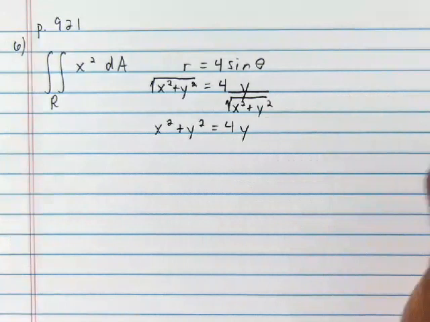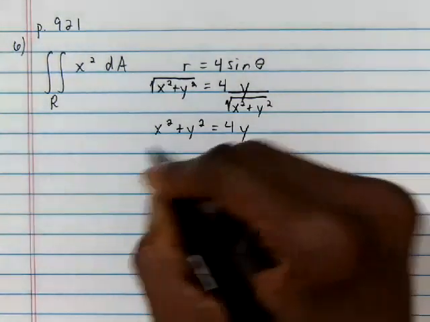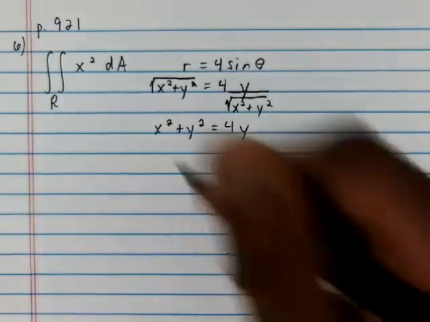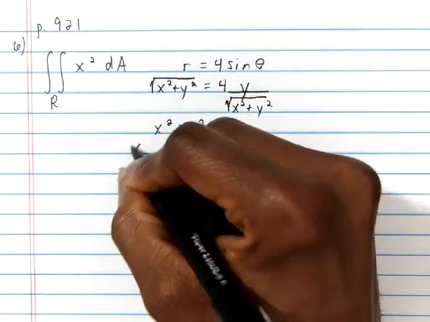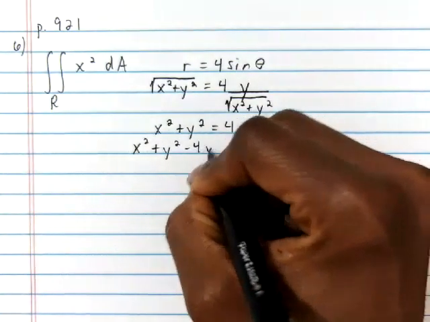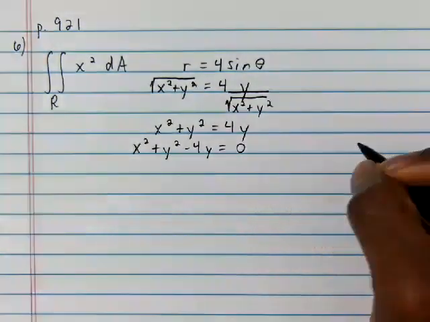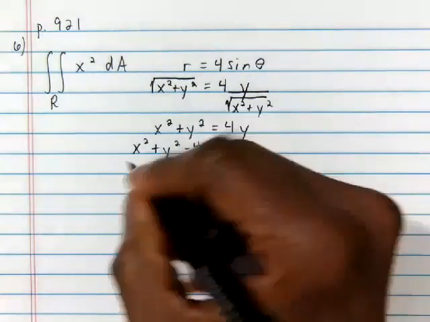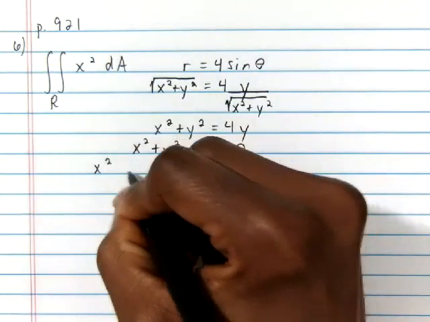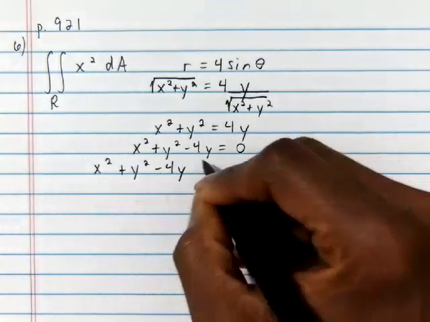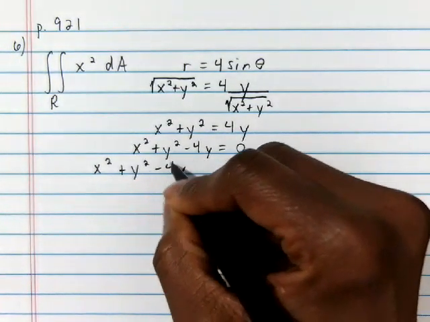All right, we get this. And we want to figure out what this looks like so we can actually sketch our region. So let's move everything over to the left. We get x squared plus y squared minus 4y equals 0. And now we're going to complete the square on these y terms. We'll get x squared plus y squared minus 4y, and we take half of this, which is negative 2.